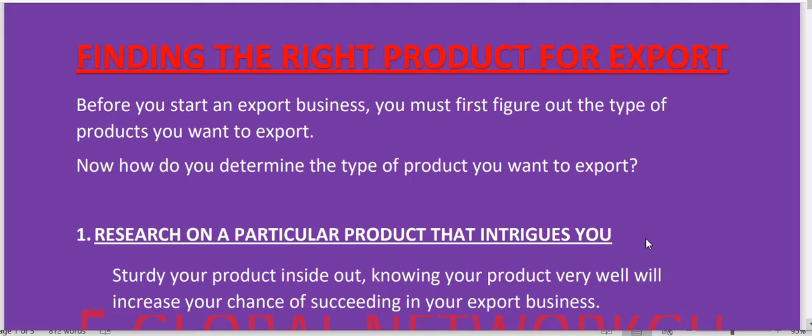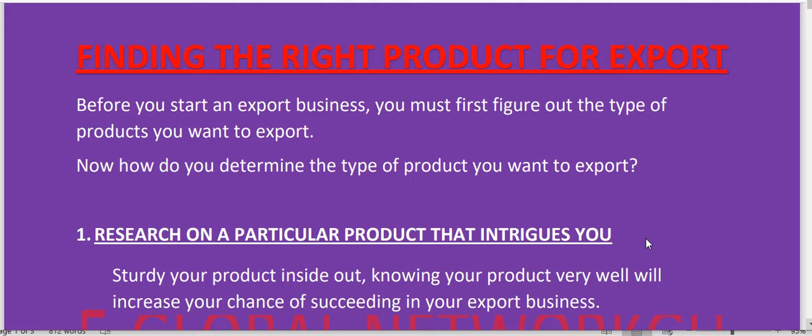Like we said earlier, you cannot start an export business and focus on different niches of products. Once you do that, it is going to make you lose focus of what you are doing. So today our focus is going to be on how you can find the right product for export.